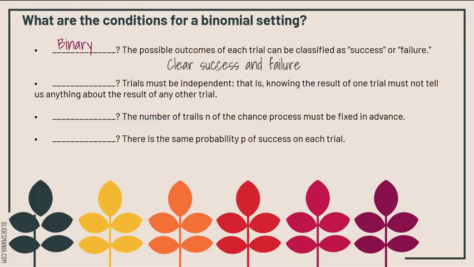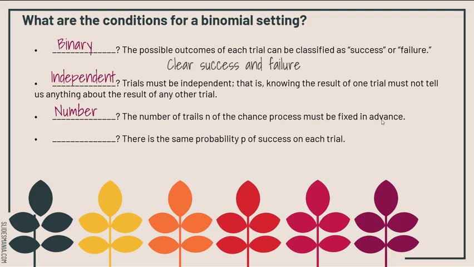Okay, the next thing that we need to check for binomial settings is trials must be independent. That is, knowing the result of one trial must not tell us anything about the result of any other trial. So they are independent. Number: the number of trials of the chance process must be fixed in advance.